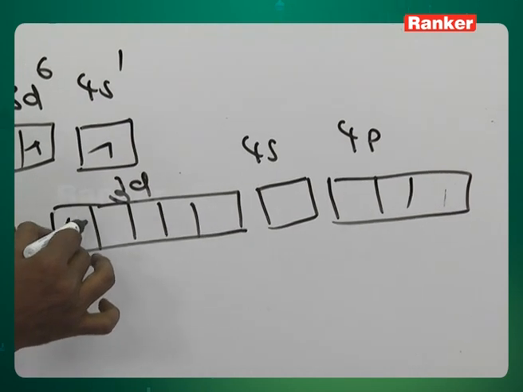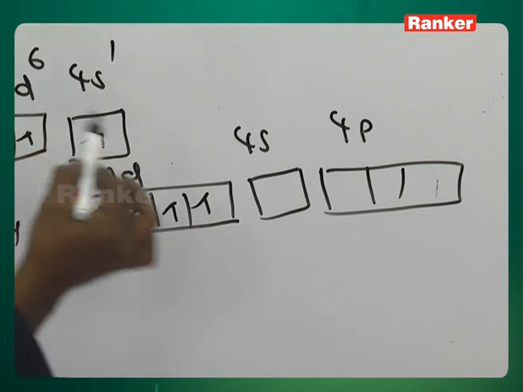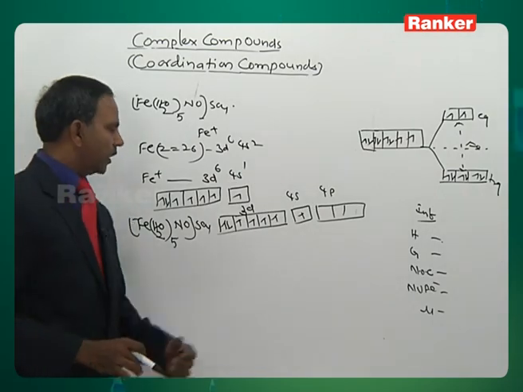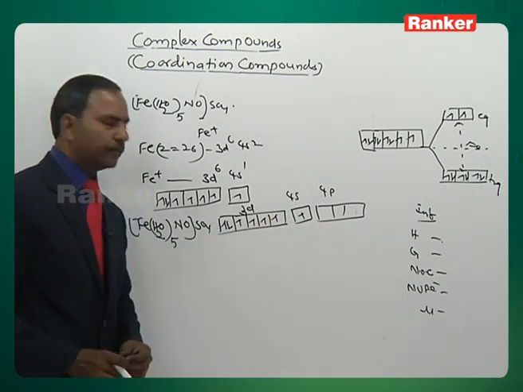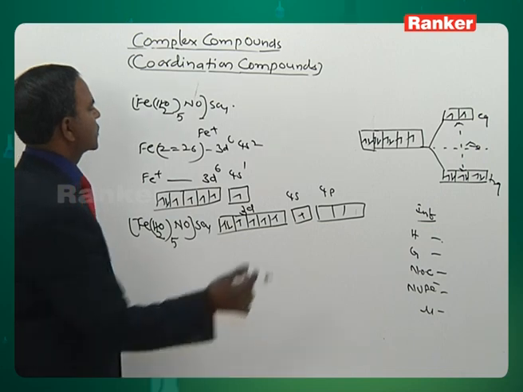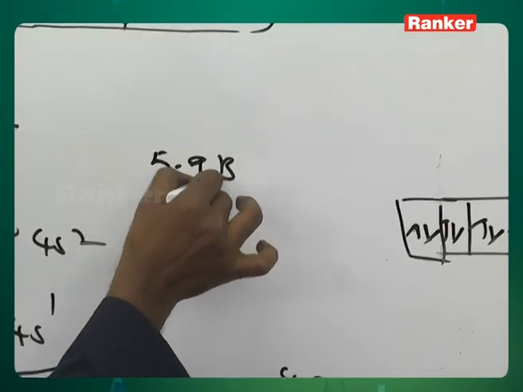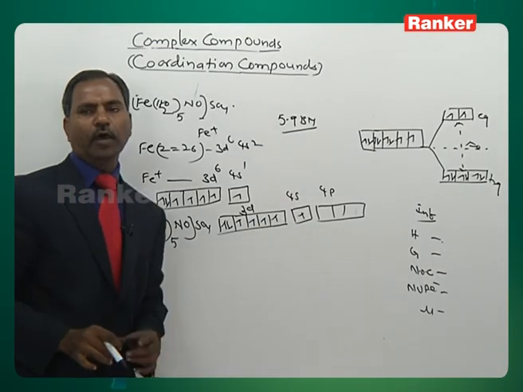Now these particular electrons 1, 2, 3, 4, 5, 6. Suppose the s electron is there in the s orbital only. Then according to this arrangement, 5 unpaired electrons are there. 5 unpaired electrons means you have to get a magnetic moment of 5.9 BM for the brown ring complex.